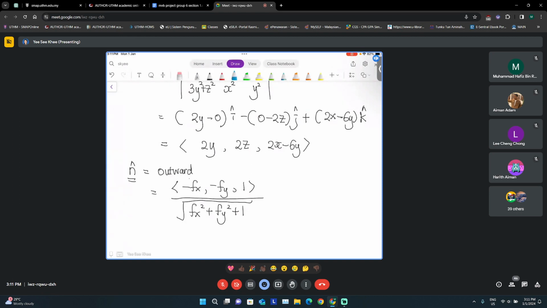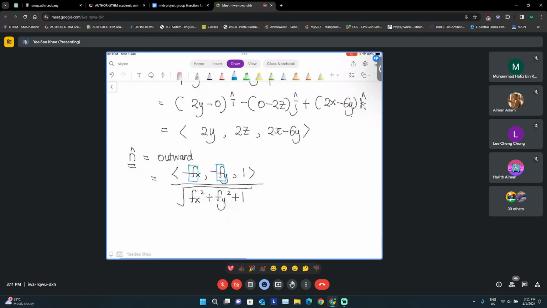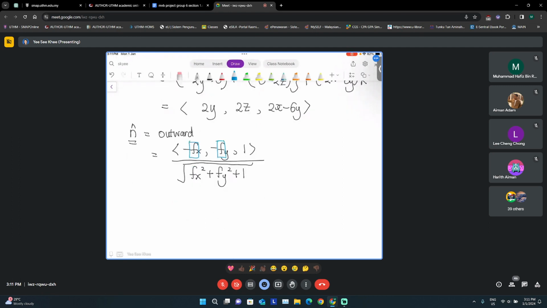Next is the surface integral of the vector field. We are trying to find the f, and f is a surface. The question already mentioned that the surface is the plane, z equals 5 minus x minus y.